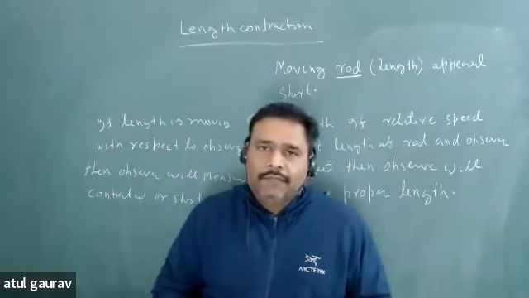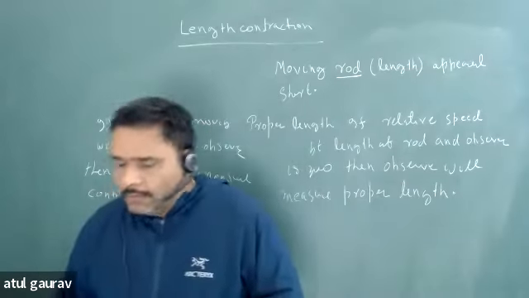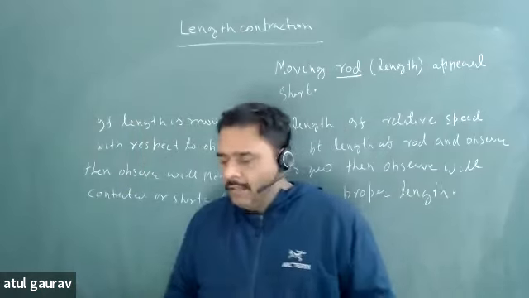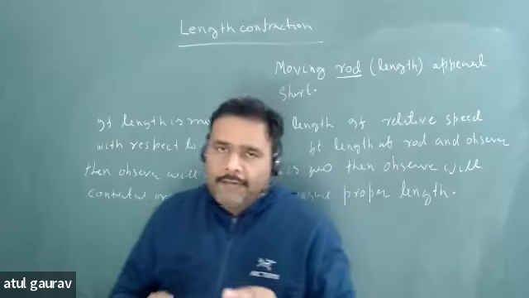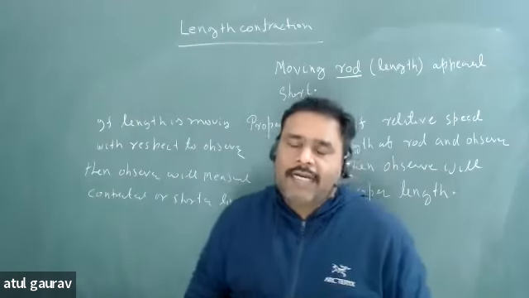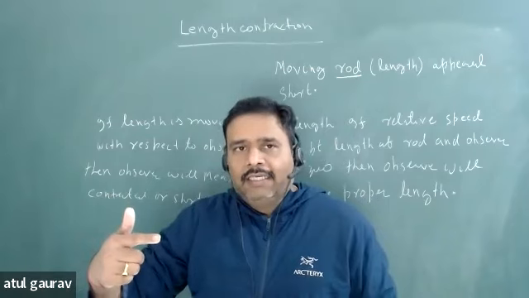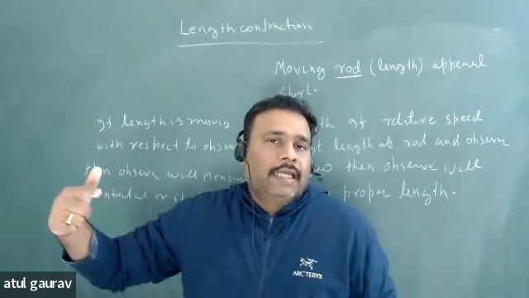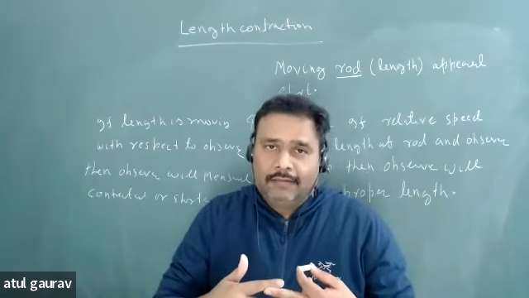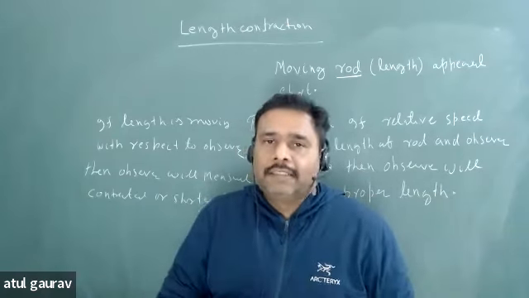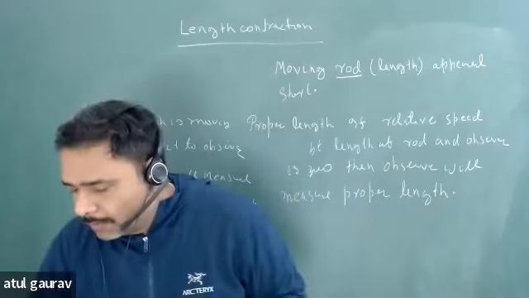So let's first derive this length contraction, and then we will try to solve some problems. And here the most important thing is that you have to see the length and the relative speed with that length. This is very interesting.